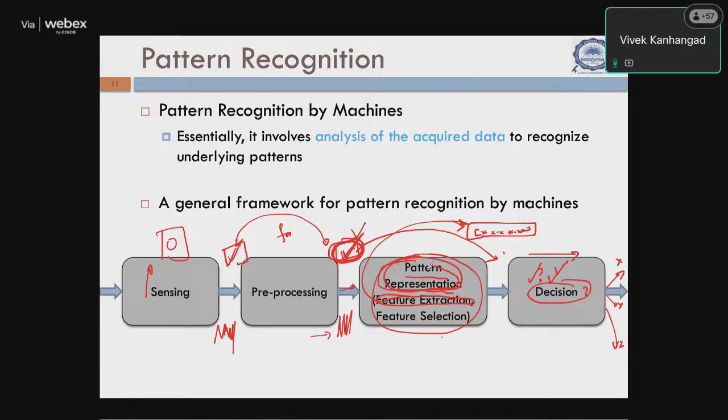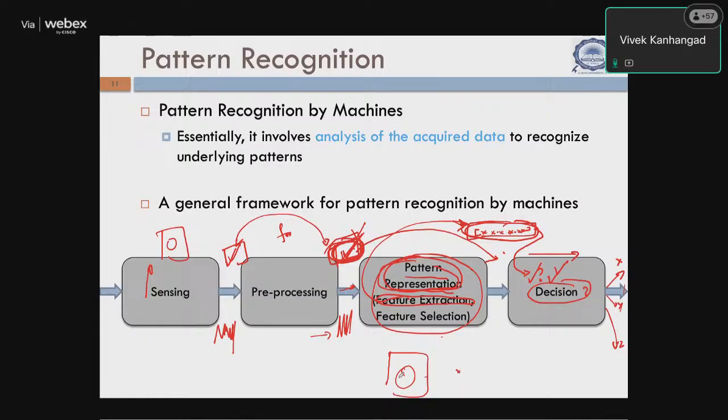So we are representing the important patterns in this data in a concise numerical form that the decision making stage can utilize to recognize who this person is.